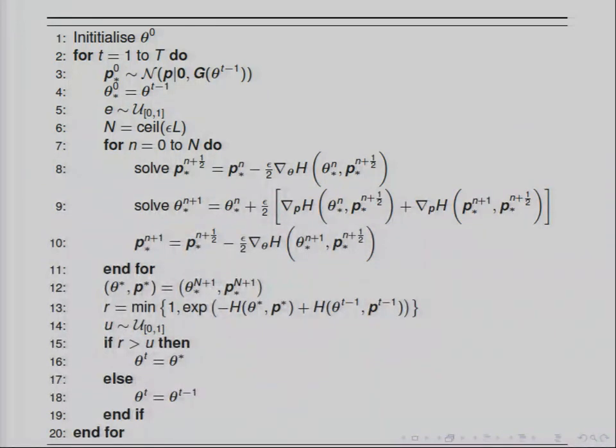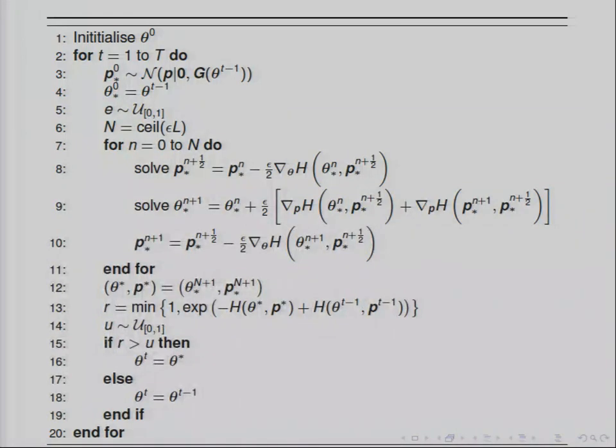We then draw our uniform random variate, which we'll use in the accept-reject step. And then we'll sample the number of steps within our integrator, so we'll set that to some random variable between 1 and some maximum value. And then we have to enter this loop.